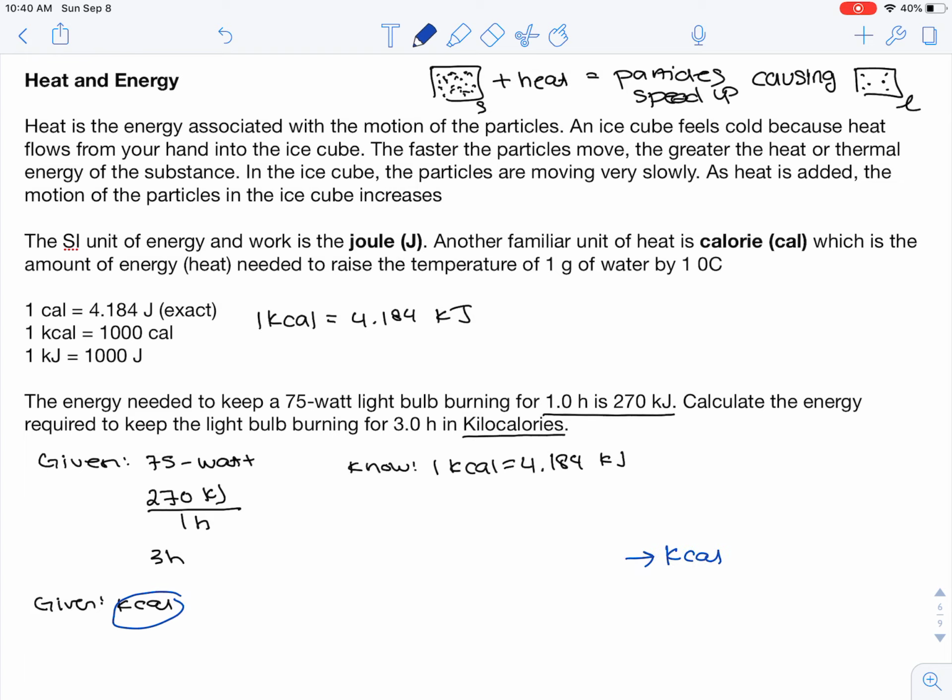I know that I'll have to place my conversion factor in here somewhere, which means that I'm going to need to use that amount of energy per hour. And then to get rid of those units, I will need to use the 3 hours. And there's your plan. So you take your 3 hours times 270 kilojoules per hour times your conversion factor.